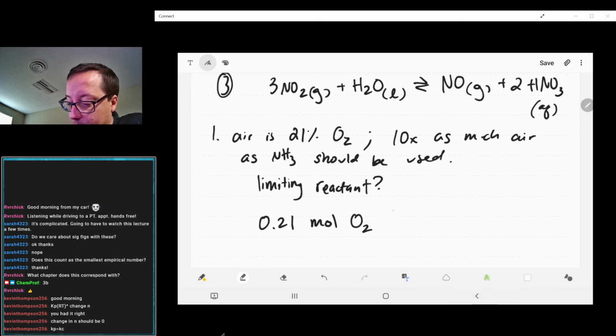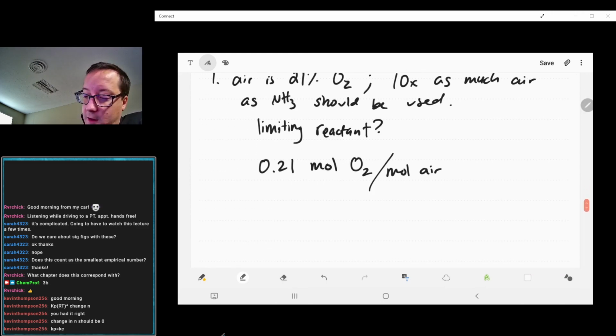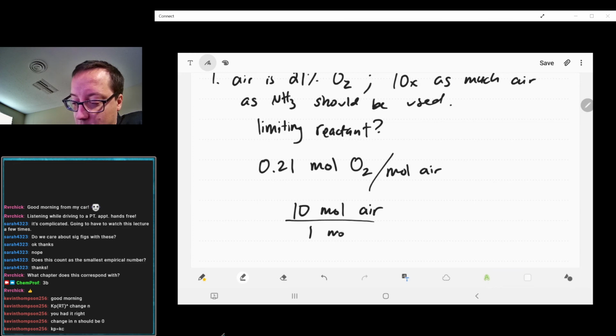And if we want to compare, using 10 times as much air as ammonia, we know that we have 10 moles of air for every 1 mole of ammonia.